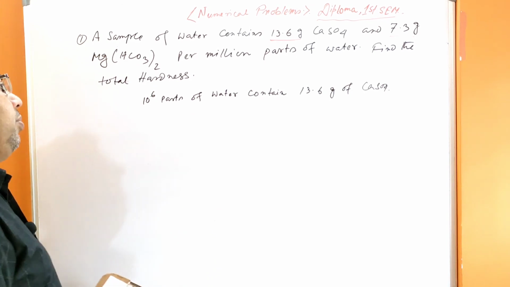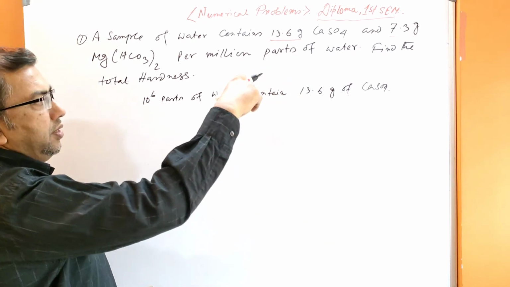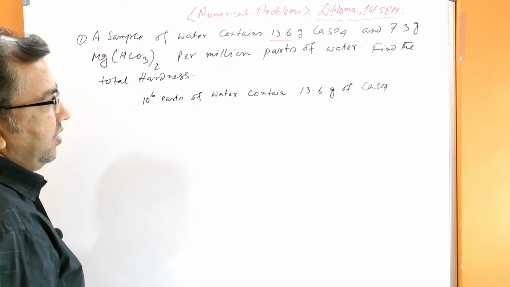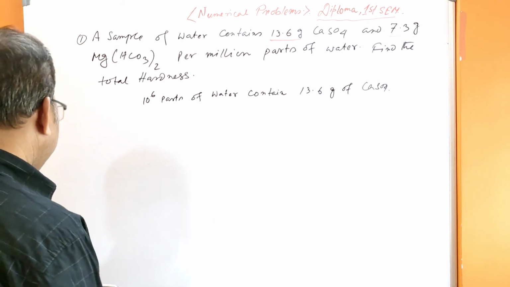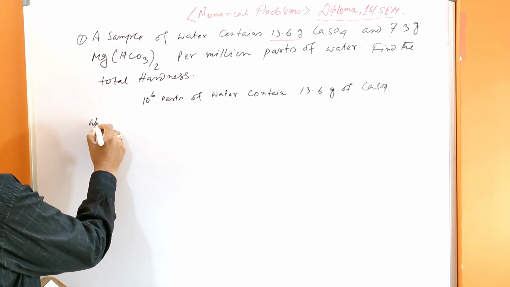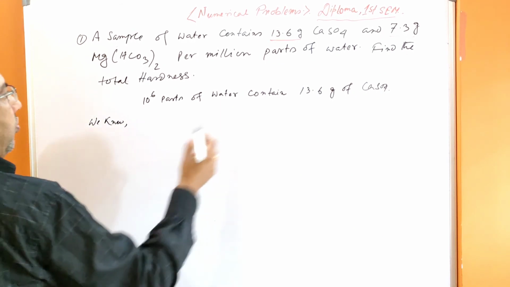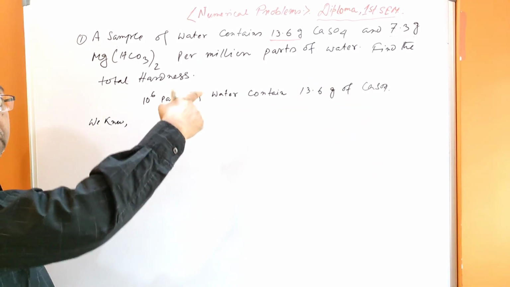Clear? That means the conversion factor is 100 by 136. That means 68 gram we know. Write it out. I have told you the conversion factor earlier in the table.